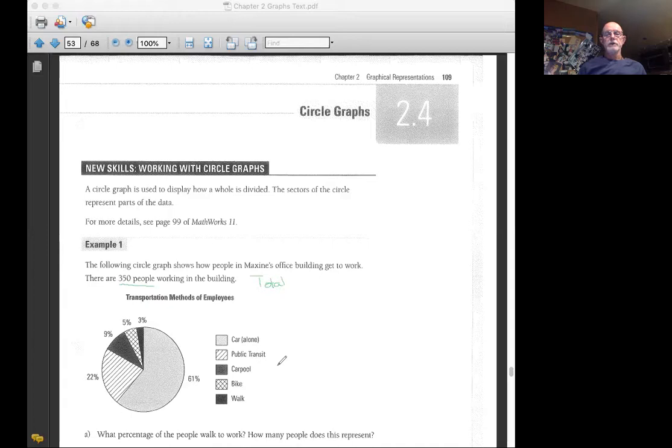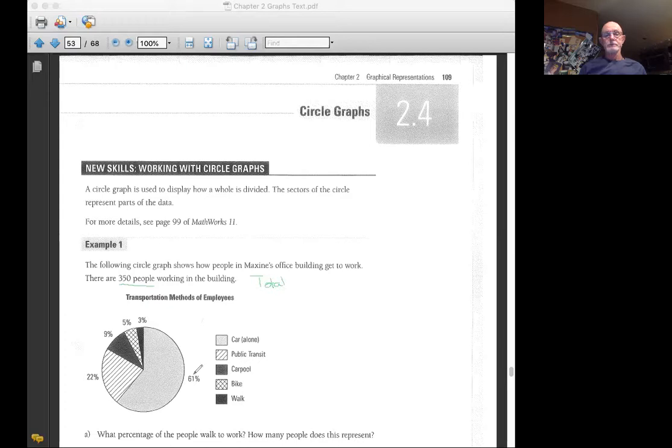Now, one of the things you want to remember is that when we're talking about percentages, another way of writing percentages is the decimal equivalent, where you take any one of these numbers and divide by 100.